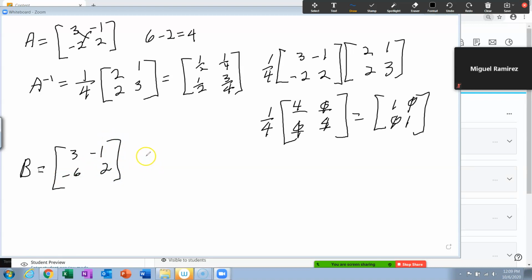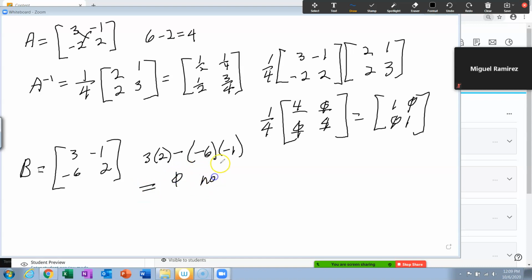Okay, do the cross product. 3 times 2, that's 6, minus negative 6 times 1, negative 6 times negative 1, and that would be 6 minus 6, 0.